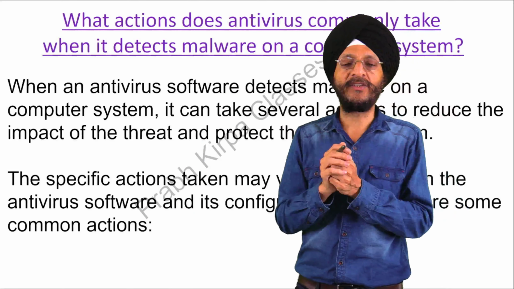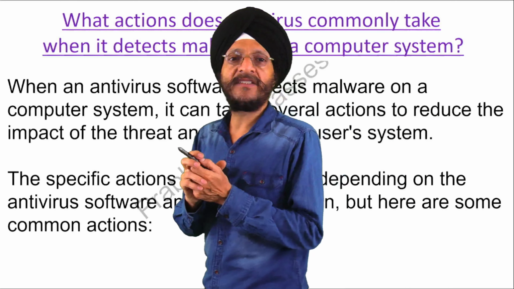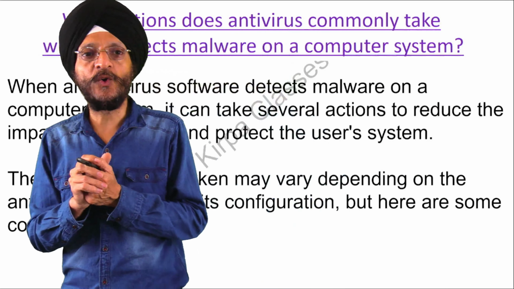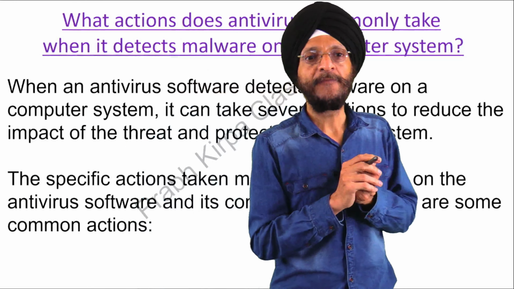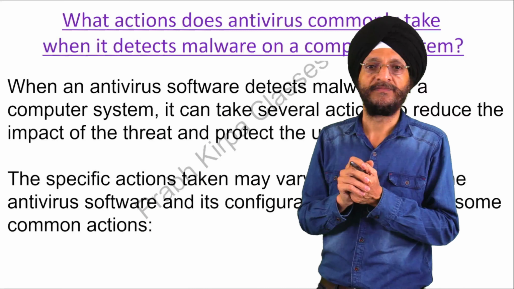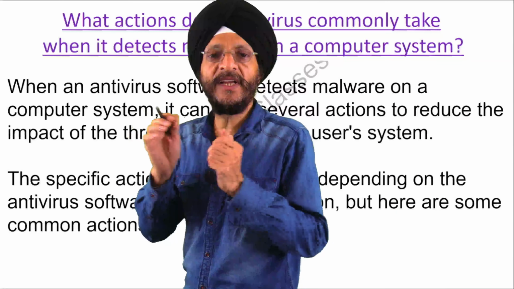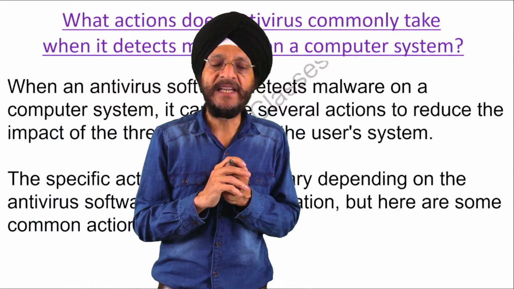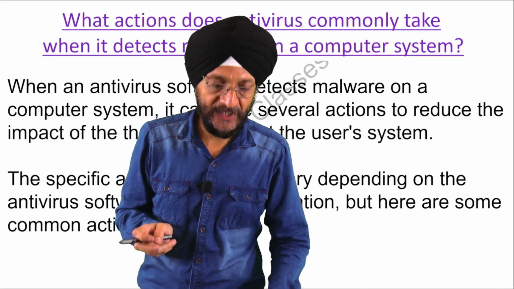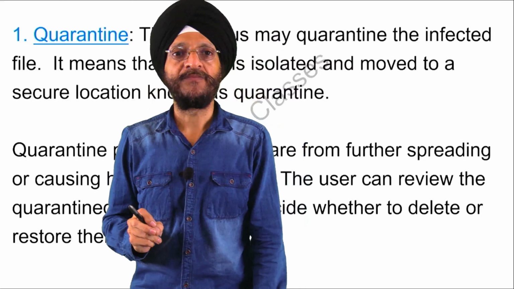Now, what specific action the antivirus takes depends on the antivirus software and its configuration. But here we will discuss some of the common actions which are generally taken by the antivirus software on detecting malware. First is quarantine.